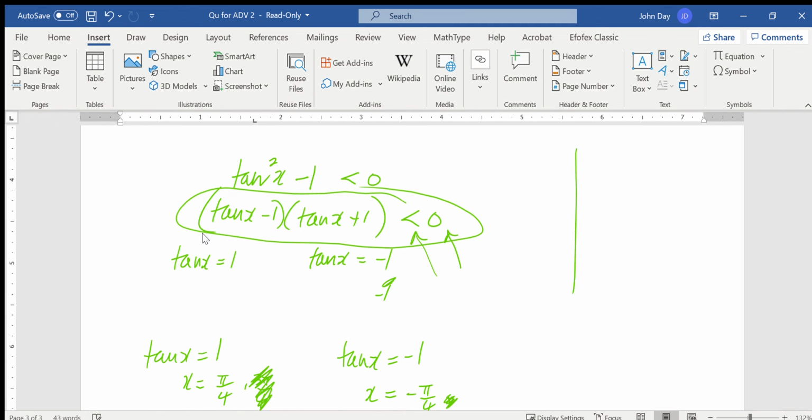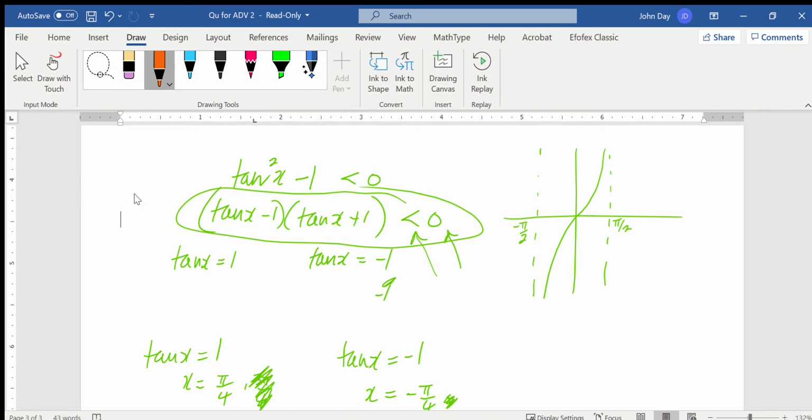If you go out, there's pi on 2, and there's minus pi on 2, because that's where we're restricted between. We know tan looks like that. Now, tan squared x is going to be squared, so it's going to go out sort of like that, and it's going to be up like that as well instead of underneath, because it's squared, so it makes it positive.